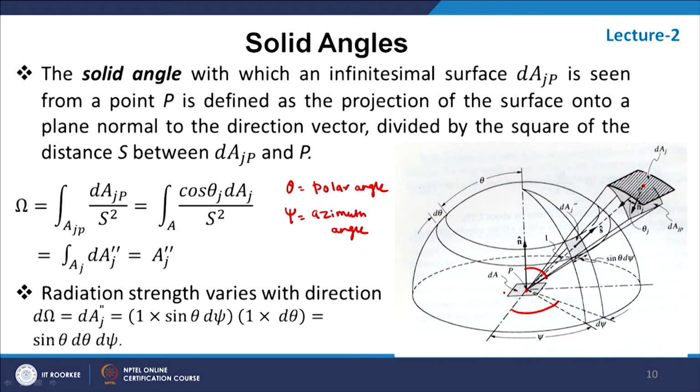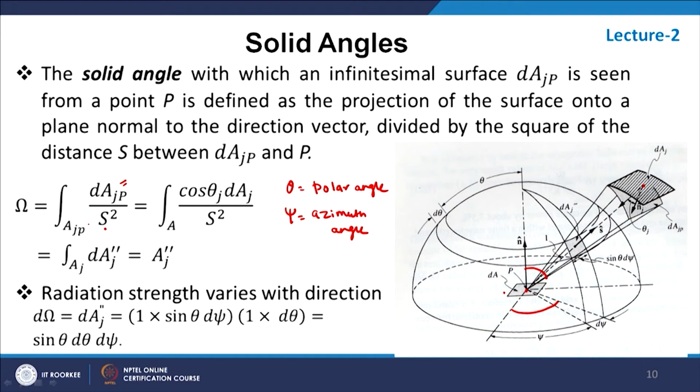We define solid angle as the projected area dAjP divided by the distance of the projected plane from the point we are looking at. So, we are trying to find the solid angle of this plane dAj from point P, which is on the plane dA. The solid angle by which this plane dAj is seen from P is equal to dAjP, the projected area, divided by distance S square. So, S is the distance of this projected plane from the point P. So, this is the solid angle.